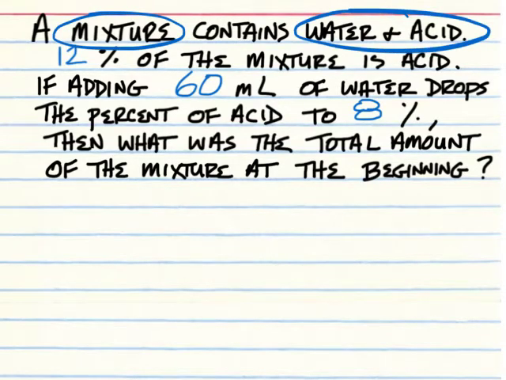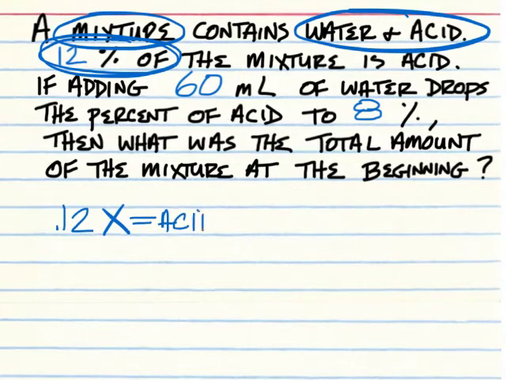You don't know how much you have, so you have to call that X. And just like the previous problems, you have to multiply 12% by your total to get the amount of acid you have. So that's 0.12 times X, which is the total, and that equals how much acid you have. We just don't know what it is yet.